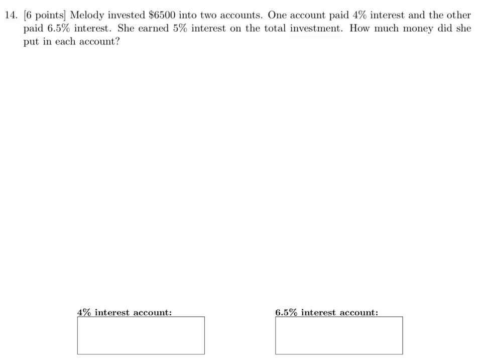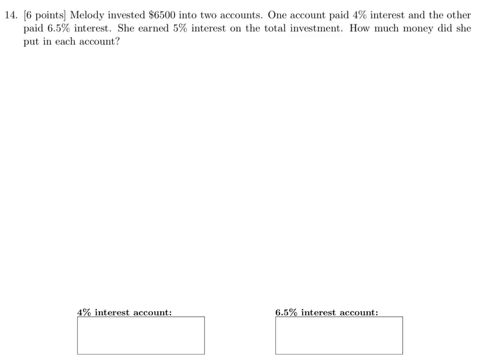Why would they ask us that if she actually put $6,500 in each account? So clearly she put different amounts into different accounts, right? So one account paid her 4% interest on that amount that she deposited. The other account, she got 6.5% interest on that other amount.